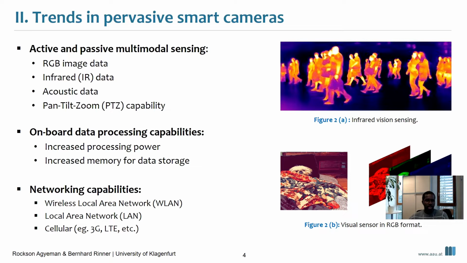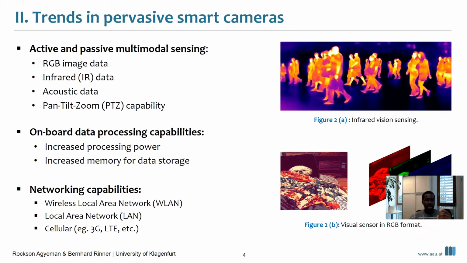Most smart cameras have fixed orientations. However, in recent times, it is possible to control the orientation of surveillance cameras using panning and tilting, thus transforming camera networks into a sensor actuator network.